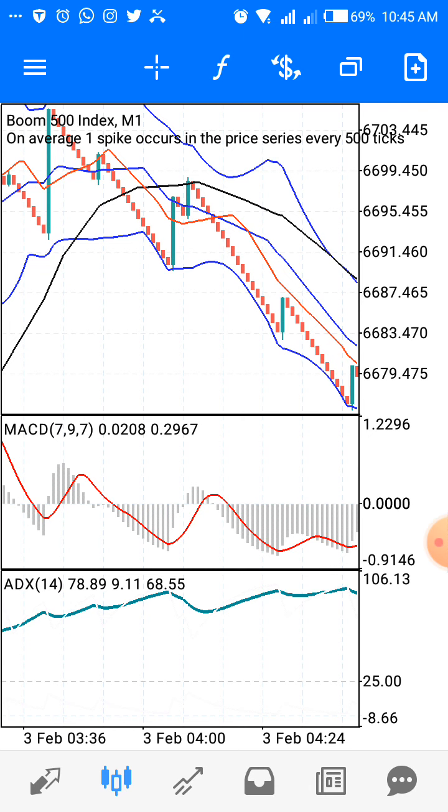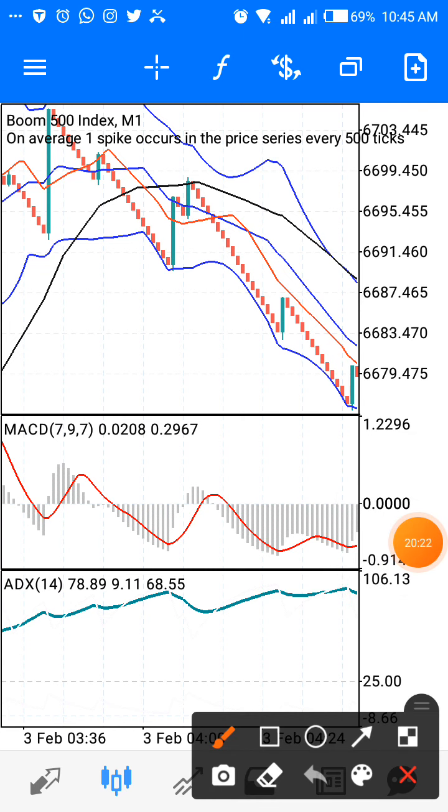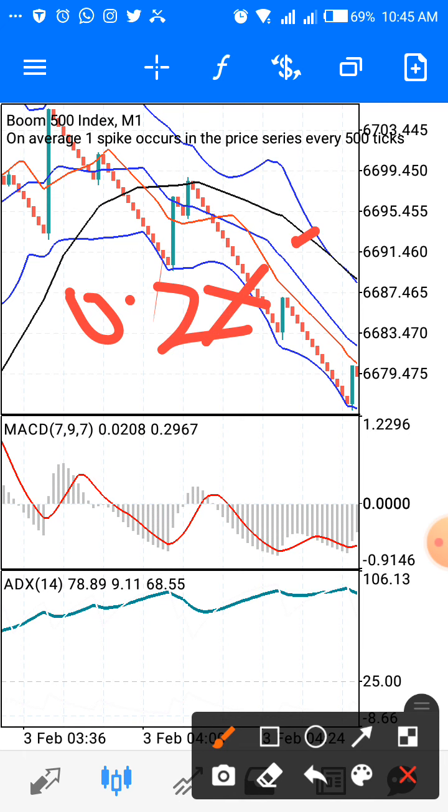let me do the calculation here. If we have 0.2 each trade, 0.2 times 5 will give us $1.